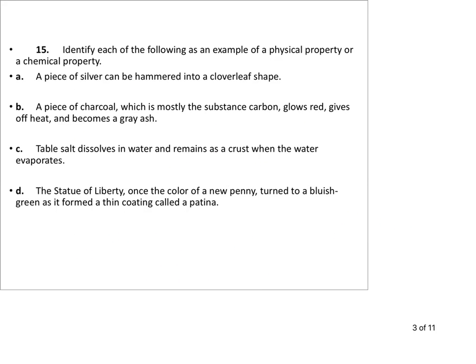Here we want physical properties or chemical properties, and we'll just identify them as P or C. A piece of silver can be hammered. Hammering is not going to change the composition, so that's a physical property. A piece of charcoal glows red, gives off heat, becomes a clay ash. All that indicates it is changing into new substances, so we're talking about a chemical property.